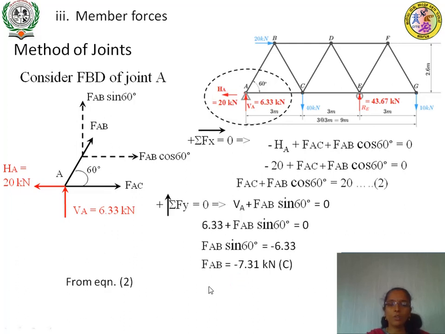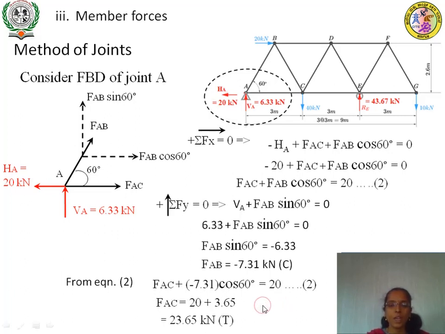From equation 2, FAC plus FAB cos 60 is equal to 20. FAB is minus 7.31. Therefore FAC minus 7.31 cos 60 is equal to 20. If you simplify it, that gives FAC as 23.65 kilonewton, because if you take the minus outside it will be plus 3.65.